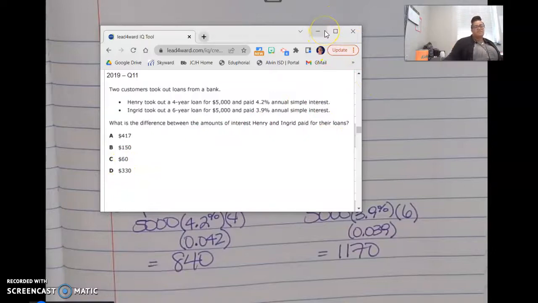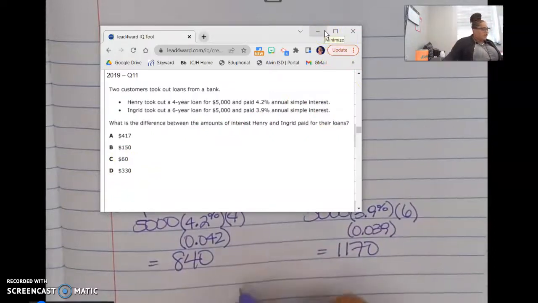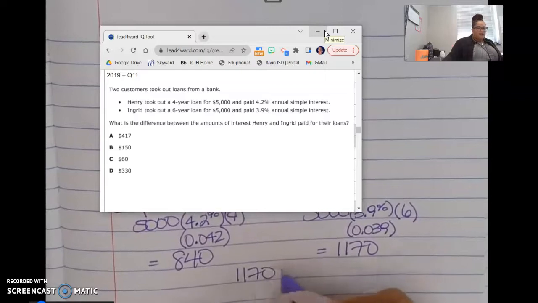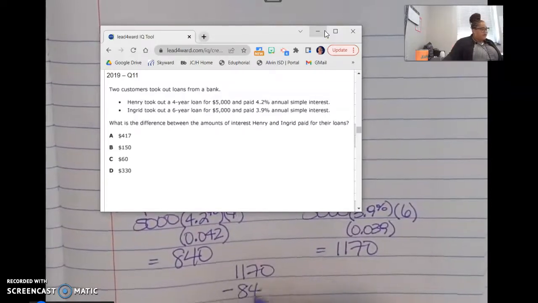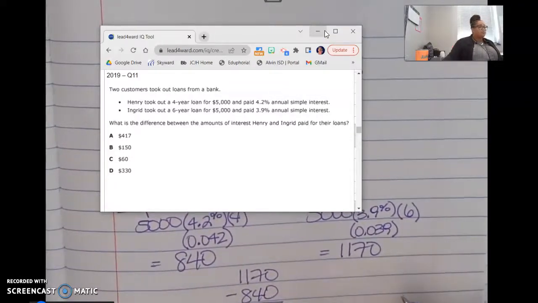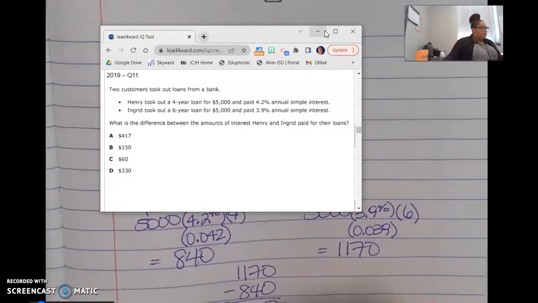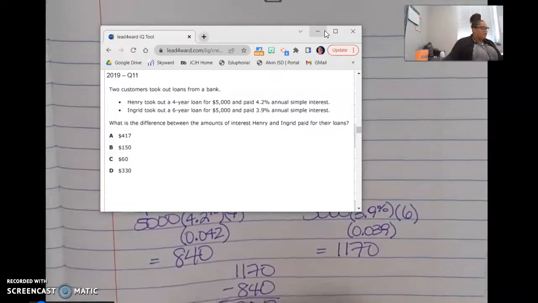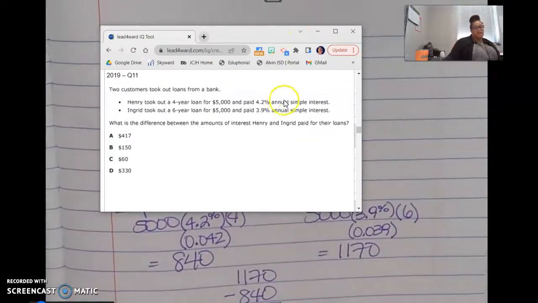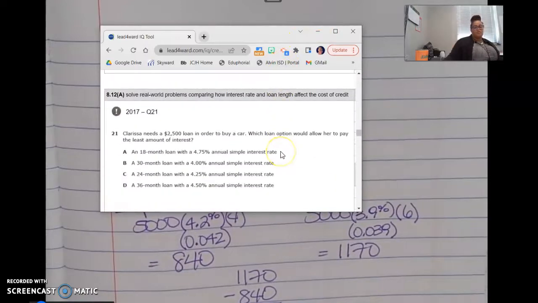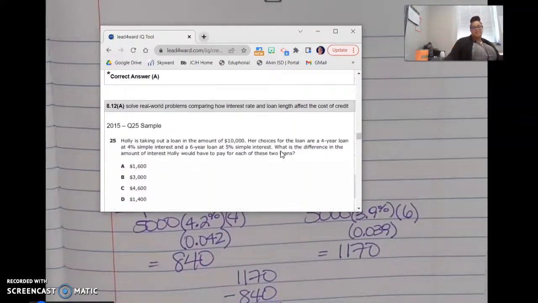So what do I do with these two numbers? Subtract. And you get 330. Seven minus 4 is 3. 330 would be D.